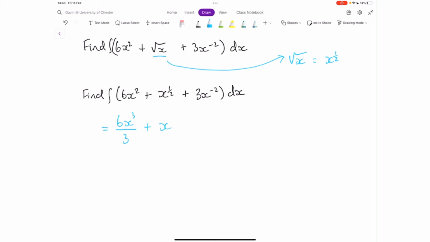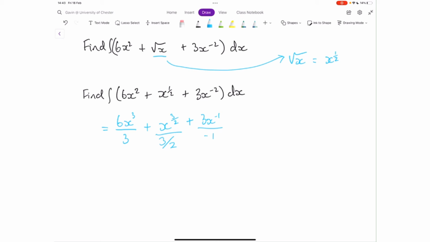So it becomes x to the 3 over 2. And similarly, I've got 3x to the minus 2. So I'm going to add 1 to minus 2, which is, of course, minus 1. So that becomes 3x to the minus 1 divided by minus 1. And I forgot a divided by 3 over 2 here.